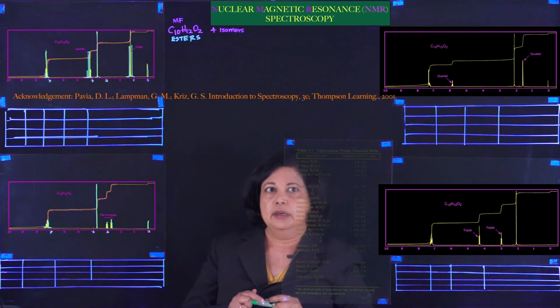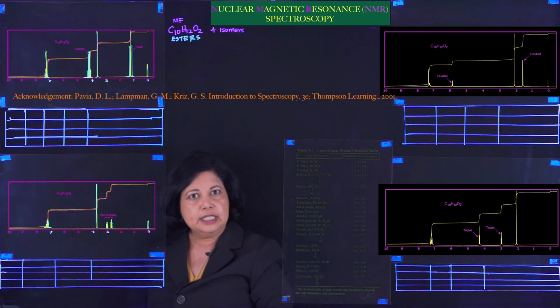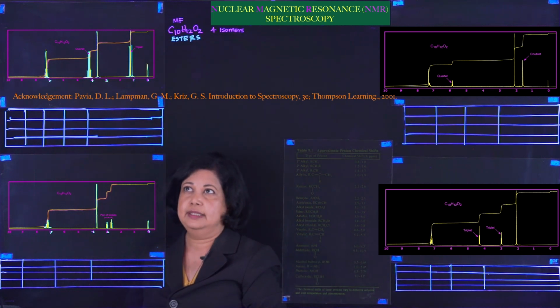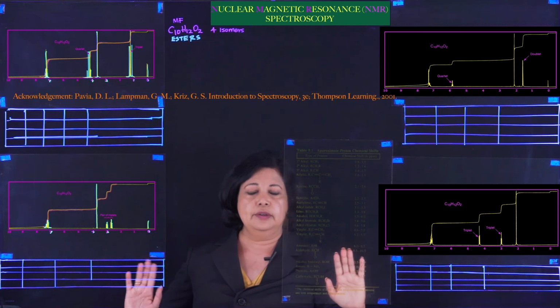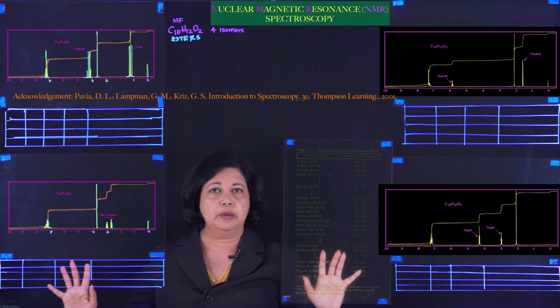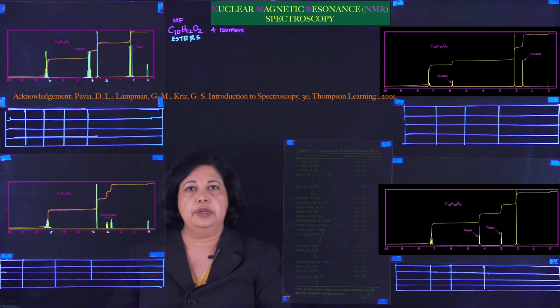Okay, so let's look at each one of these separately, because even if you have isomers, they can have completely different backbones. So that's why you have 4 different structures.